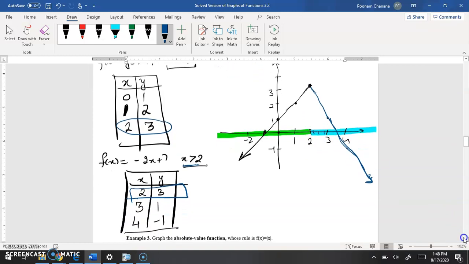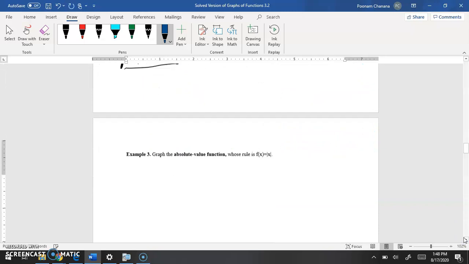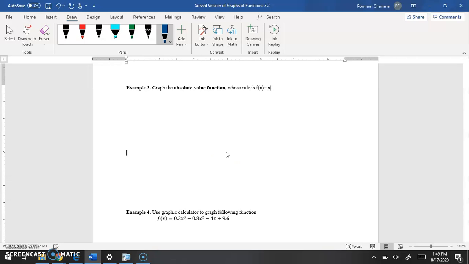Let's take another example. We have our function called the absolute value function in example 3. What is the absolute value function? This is absolute value of x. That means it just gives you the value, not the sign.